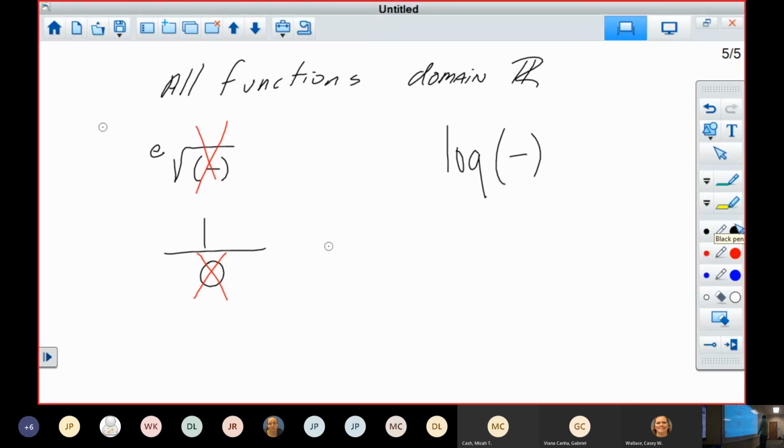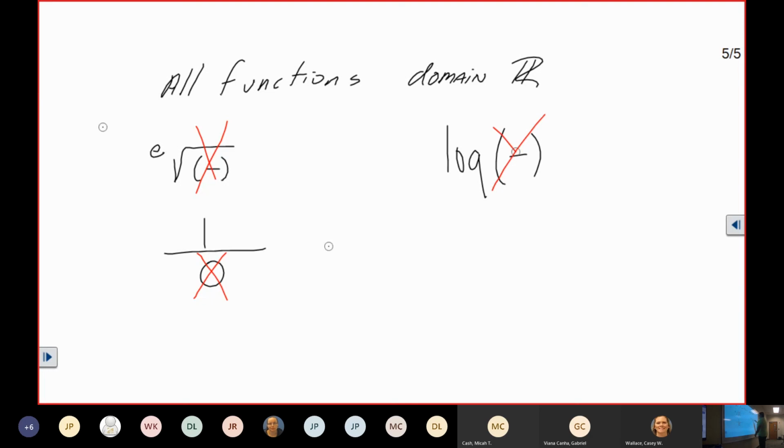You can't do that. Okay? What are we talking about? The word can't. When you have a function, and that function has a something can't, you can't use blah, blah, blah in this function, then the domain is going to be affected.